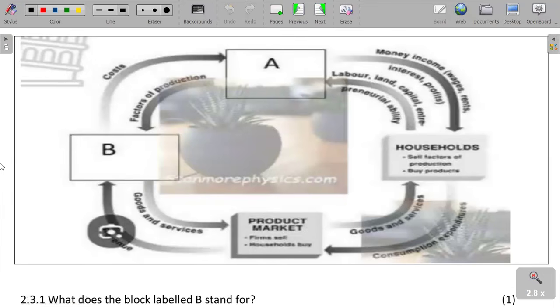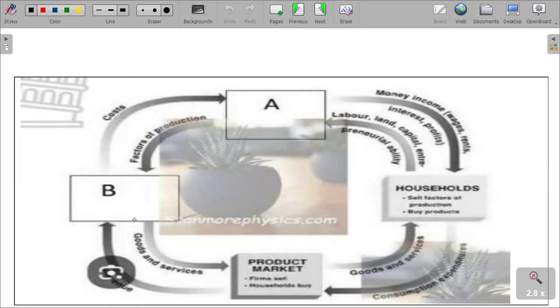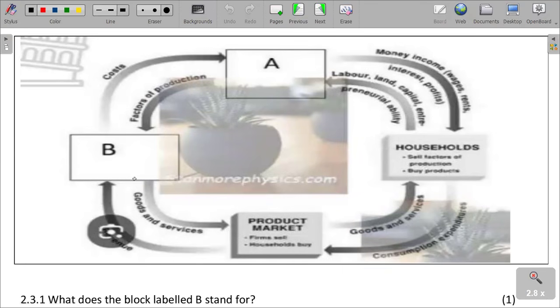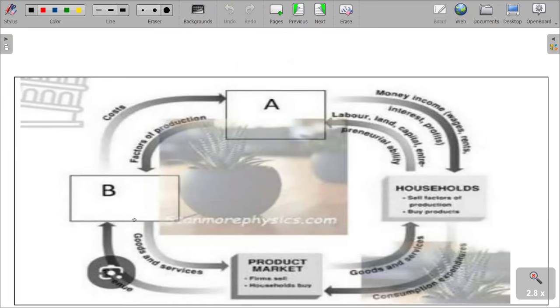We are given, in this case, a question that identifies the circular flow model. The circular flow model is given here. We have the product market, we have households, we have A and B, goods and services being brought to the market, the product market.